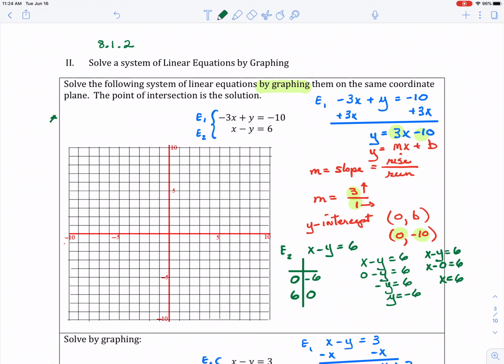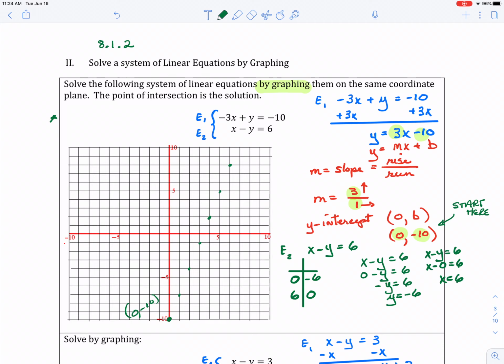So remember, we're going to start at the point, the y-intercept, which is 0, -10, which is way down here. And then I'm going to count off this slope, which is to rise 3, run 1. Rise 3, run 1. That's hard to say.